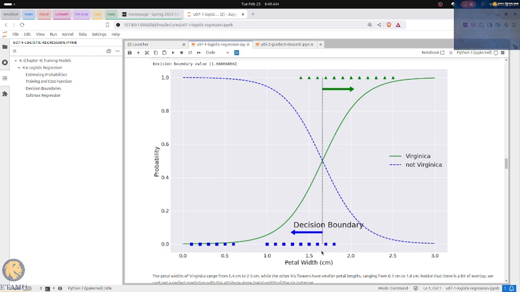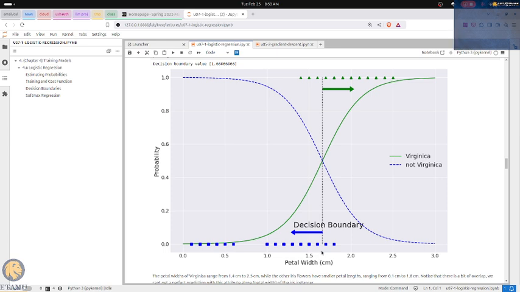So if you actually plot the not Virginica, you'll see that of course you can't get a perfect decision boundary with this single feature. There is some overlap. If I moved it over here, I would get all of the not Virginicas correct, but I'd be getting more of the Virginicas wrong, misclassifying them as not Virginicas, and vice versa.